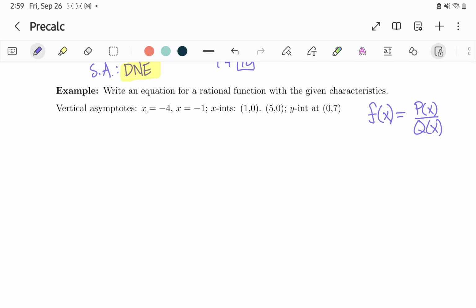Then, if we're thinking about f of x as being the ratio of p of x over q of x, then what we're being told about the vertical asymptotes here is that q of x has factors of x plus 4 and x plus 1.